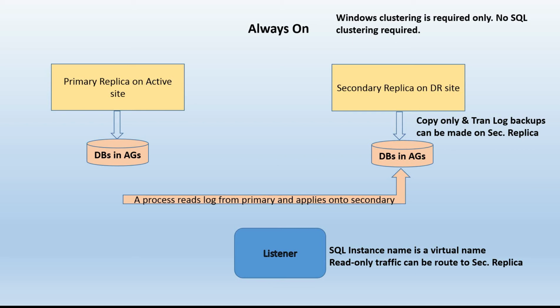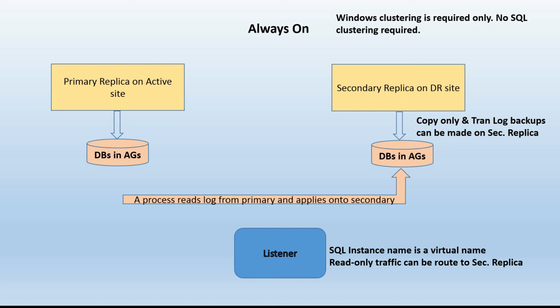You also have an option to route your traffic through the listener. So it's also a virtual name, but Always On calls it, in its terminology, a listener. So basically, the listener is also a DNS name which routes your traffic to the right server.